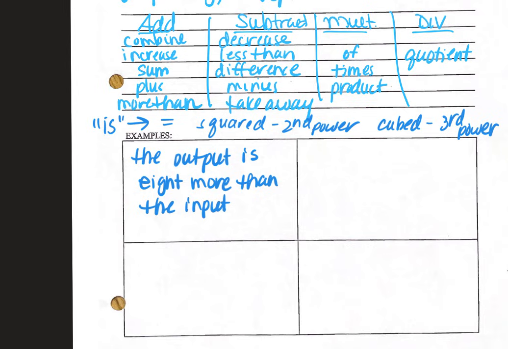So we are trying to make this look like a mathematical sentence. It is going to be an equation. So let's go through and see what we know. Some words we talked about today are output. We also talked about is. We also talked about more than. And we also talked about the input.